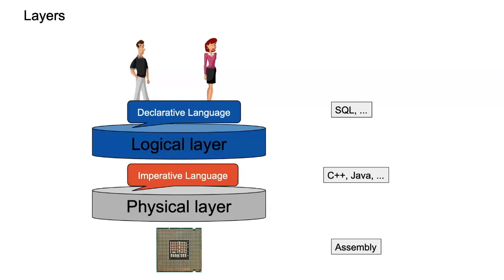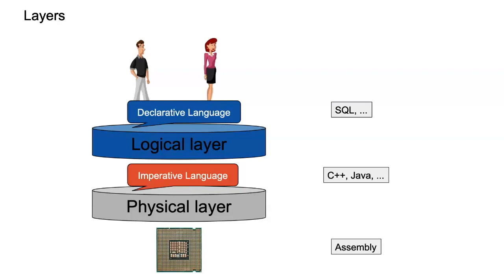And actually, if you want to go even more to the physical layer, what happens with C++ and Java is that they get translated to something called assembly code or bytecode, which is a language even closer to the CPU, the processor of the computer that the computer can understand. So this is what computer scientists call a computer architecture.